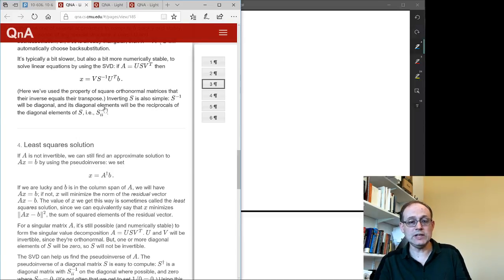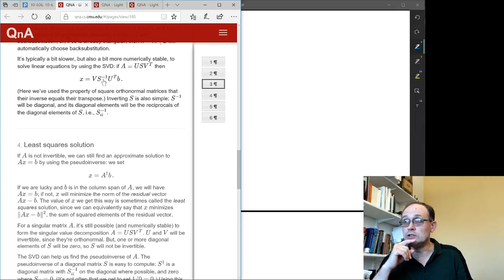The only place where we can get numerical problems is if the diagonal elements of S are small, because multiplying by an orthonormal matrix is possibly the most well-conditioned operation that we can do. And so the only way we're going to get round-off error is if the diagonal elements of S have a very wide range. So maybe one of them is 1,000,000 and another one is 10 to the minus 9.